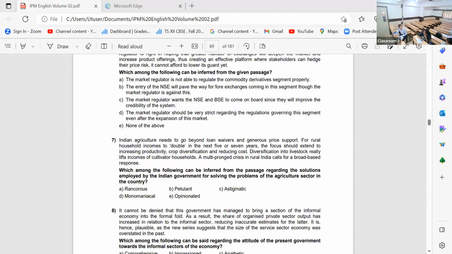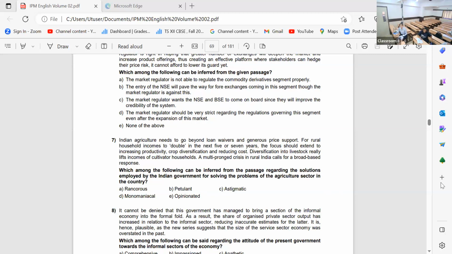The answer is C. Astigmatism means an eye defect, you can only see one direction clearly. Your parallel vision is not as clear. So for the government, they are only focusing on waivers and price support. They are not able to see simultaneously that there are other things they can do.